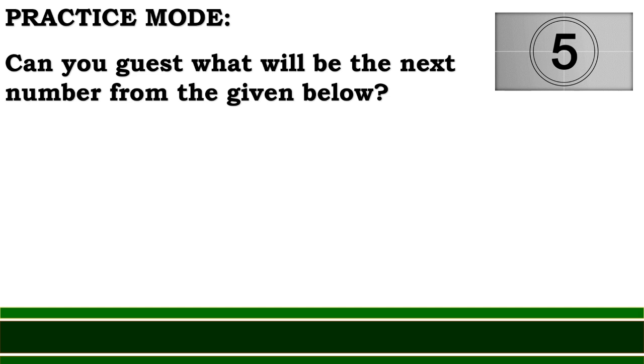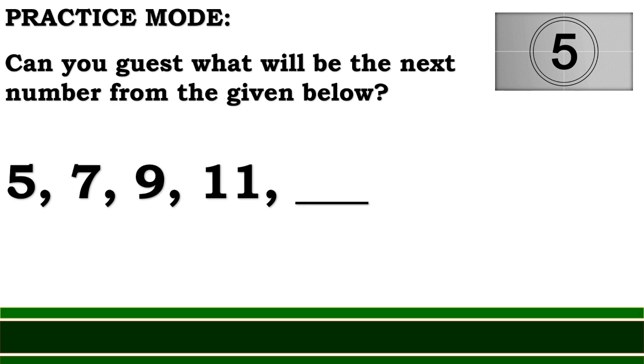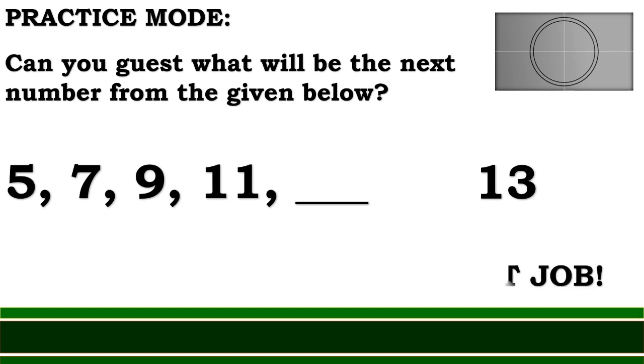Can you guess what will be the next number from the given? We have numbers 5, 7, 9, and 11. I'll give you 5 seconds to think what will be the next number. And the next number is 13.